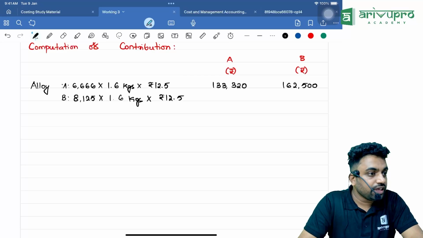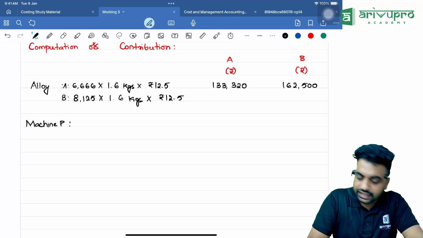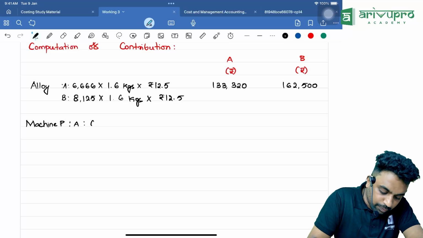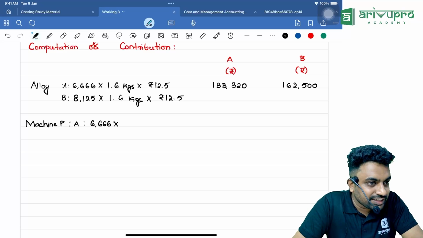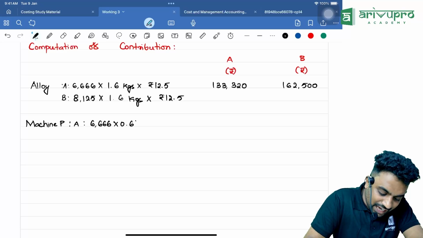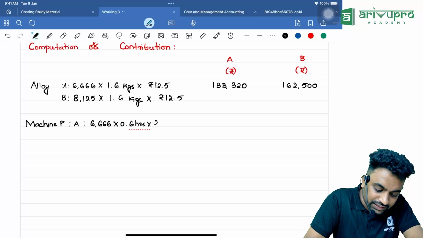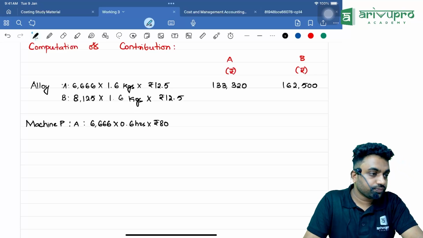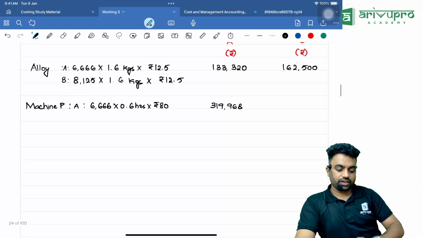Next is machine P. Guys, for A, how many units are we planning to produce again? 6,666. Each unit needs 0.6 hours of machine P, and it will cost you rupees 80 per hour. That is 3 lakh 968.